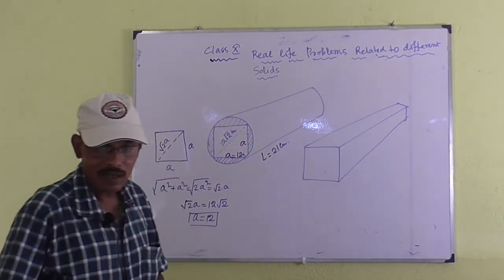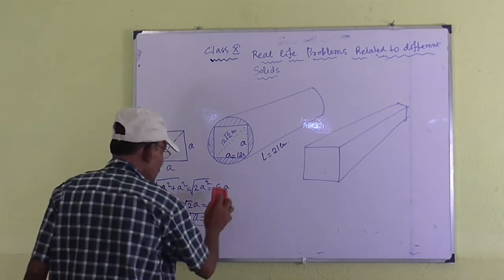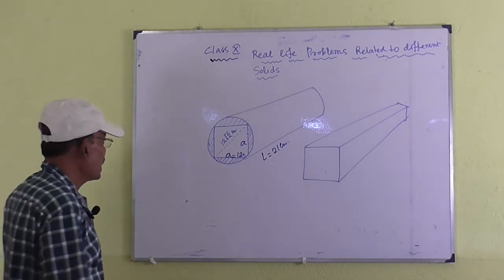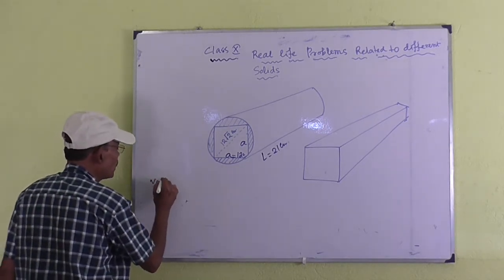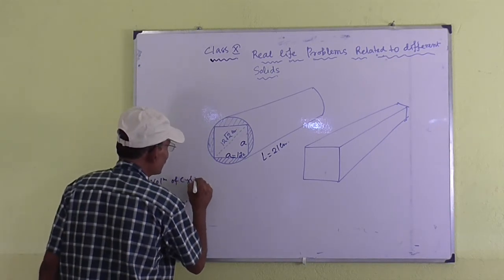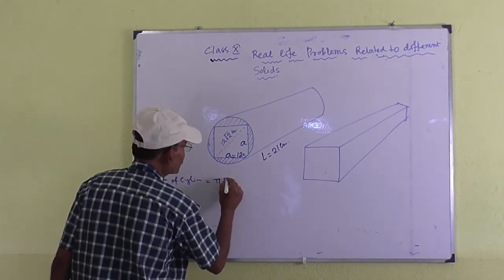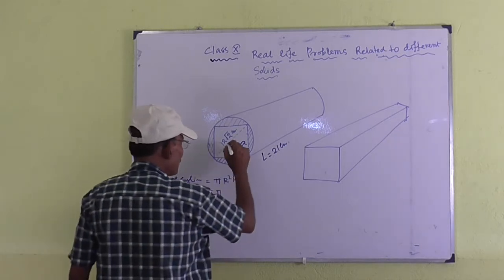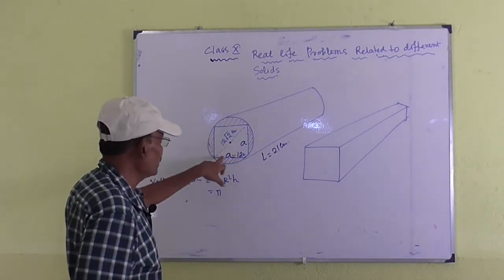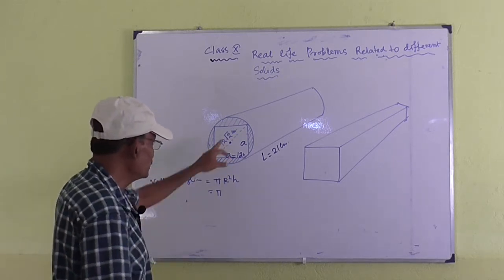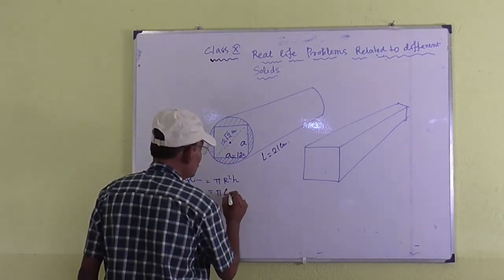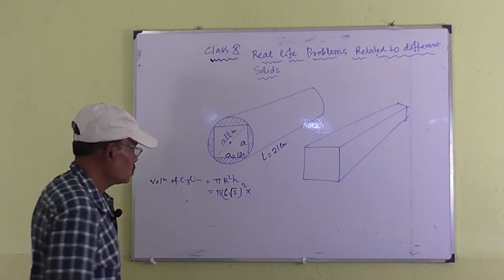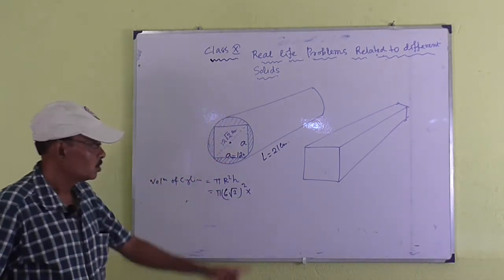First we have to find the volume of the log, the circular log. We know that volume of cylinder equals pi r square into h. So here r means the radius. Here diameter is 12 root 2, so radius will be 6 root 2, and h is the length, 21 centimeter.